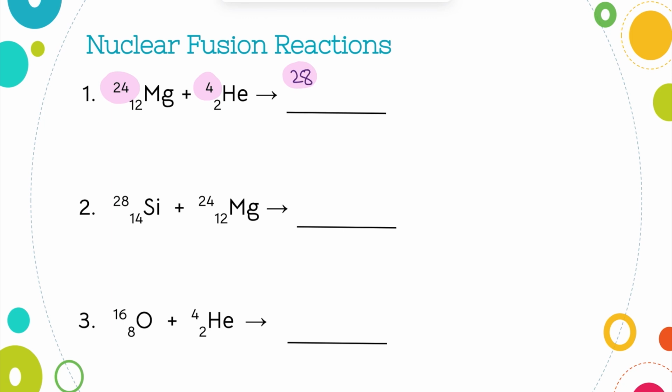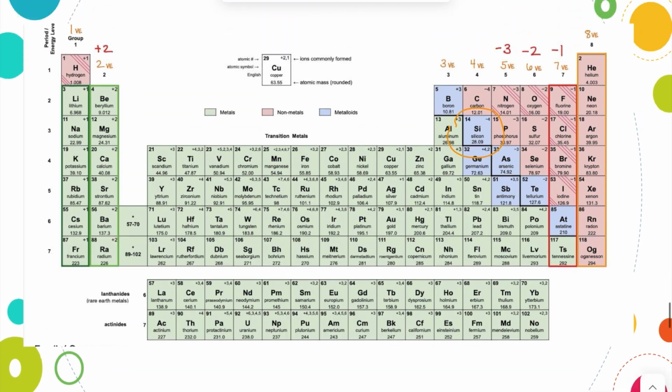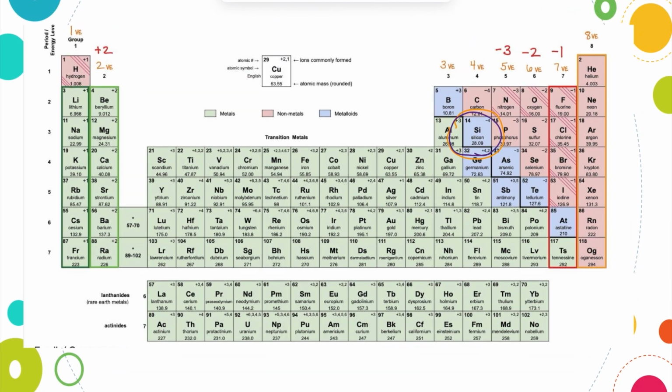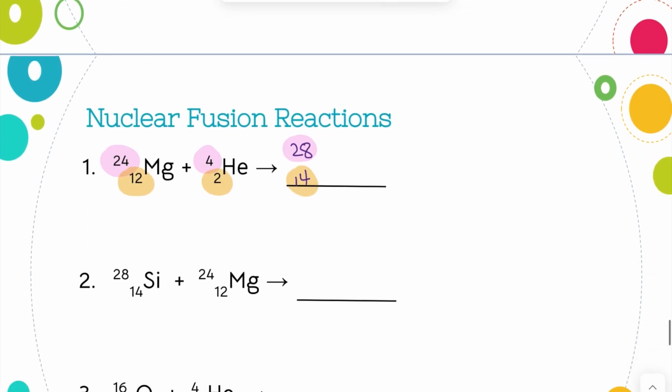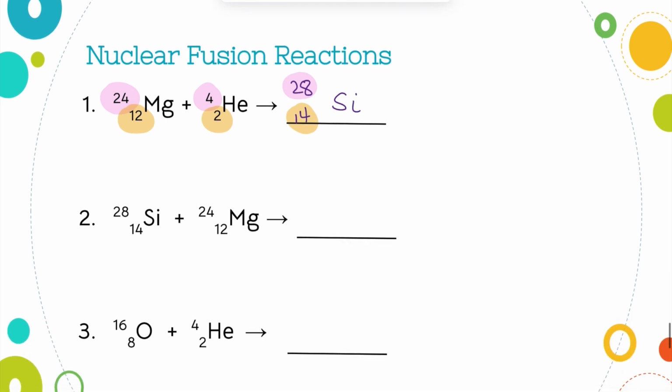And then we do the same thing with those protons. 12 plus 2 is going to give us 14. And then we can go to our periodic table, and silicon is element 14. And so we can fill in that symbol. And when those atoms undergo nuclear fusion, those produce silicon and release a large amount of energy.